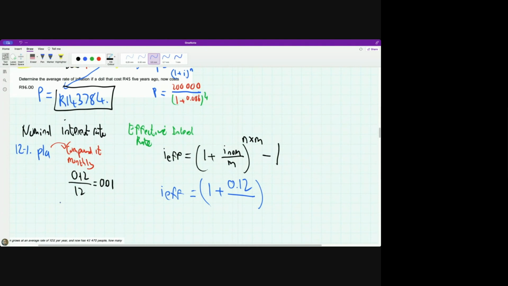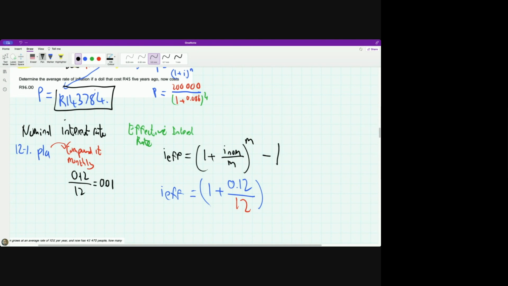Now, if we are compounding it monthly, the value at the bottom here needs to be 12. And actually, this formula doesn't even need an n, sorry, this should just have an m here, because it's assumed to be 1 year. So you don't even need to multiply n times m. It's just going to be the m value that you had here.